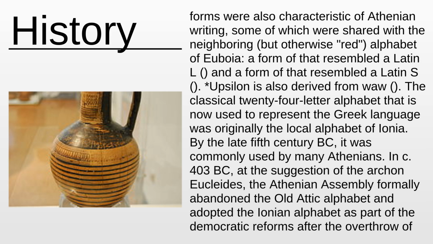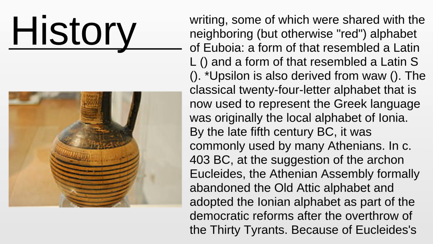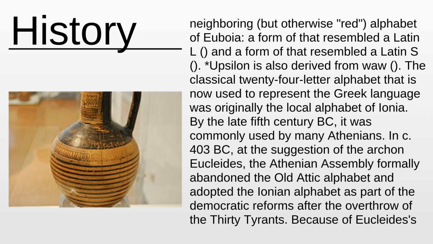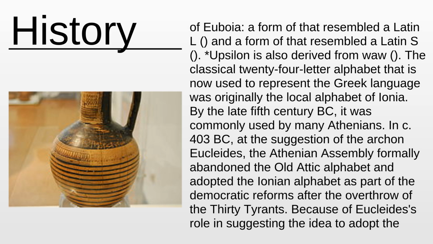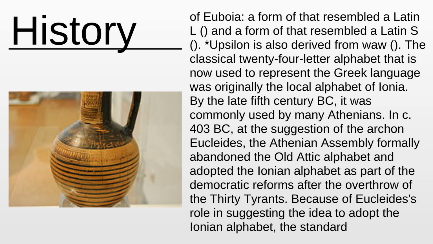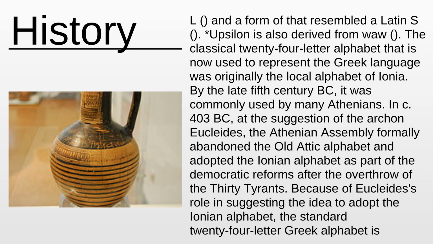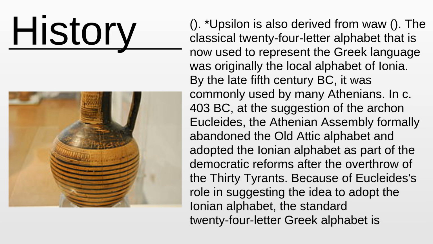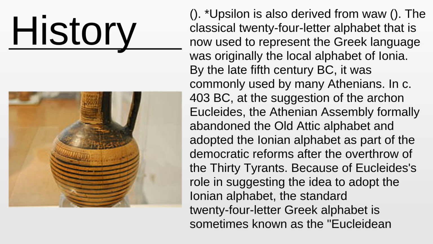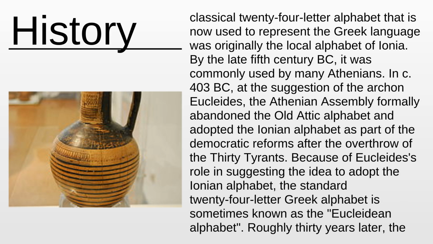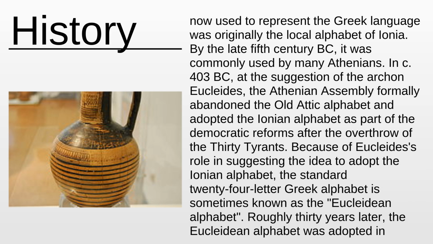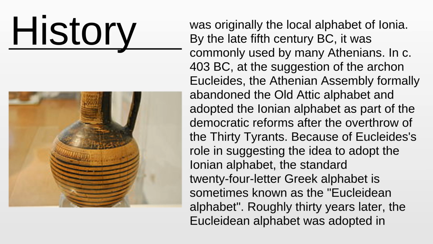The letter heta was used for the consonant h. Some variant local letter forms were also characteristic of Athenian writing, some of which were shared with the neighboring, but otherwise red, alphabet of Euboea, a form of lambda that resembled a Latin L, and a form of sigma that resembled a Latin S. Upsilon is also derived from waw.